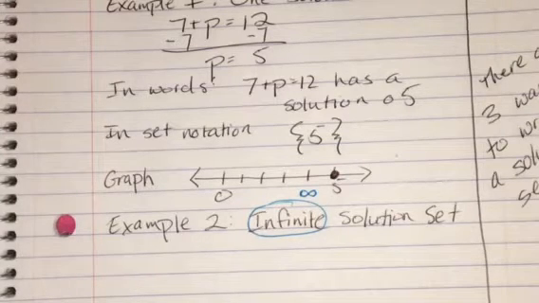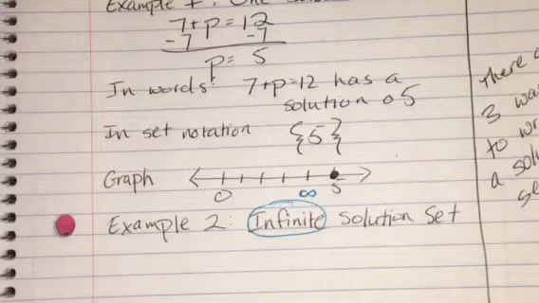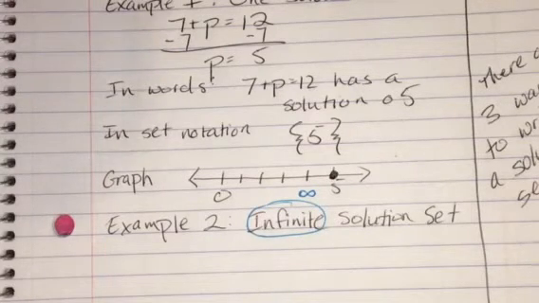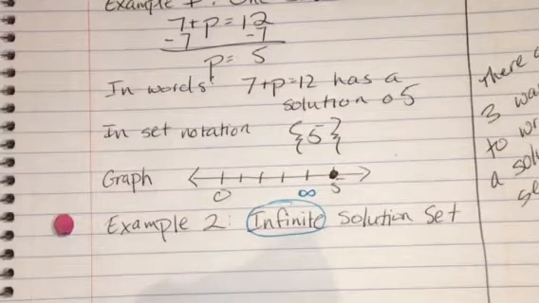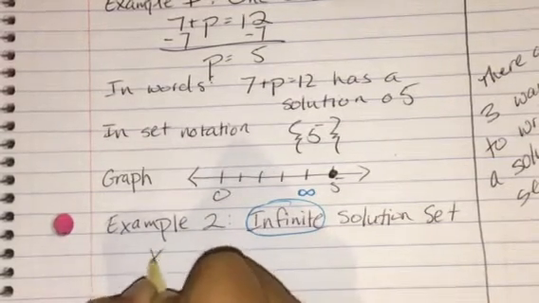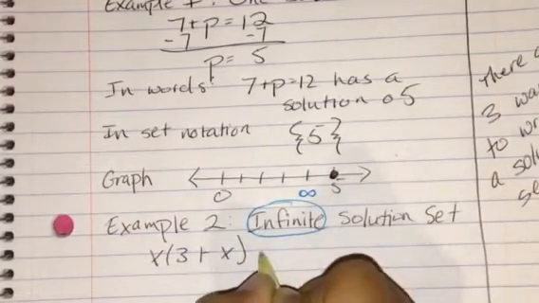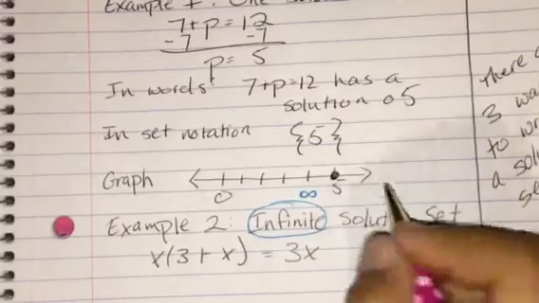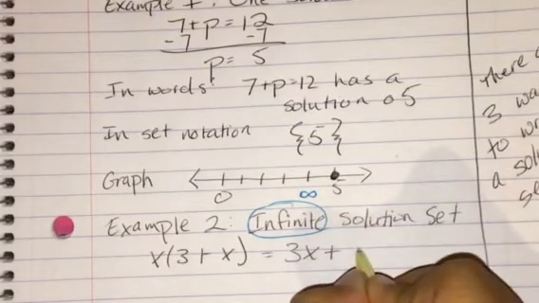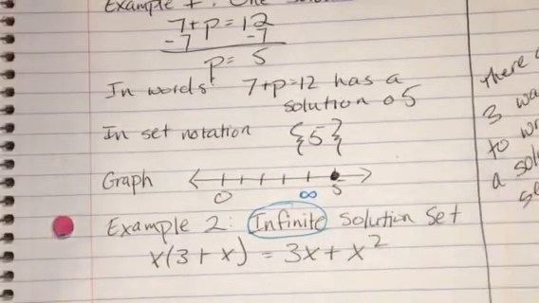We are going to find the solution set for the expression x(3 + x) that's equal to 3x plus x squared.